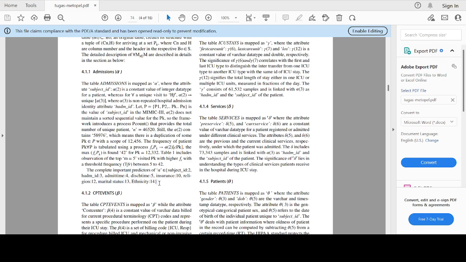Because before machine learning, there is already an effort, in my understanding, on how to decide whether a patient needs to be transferred or not.